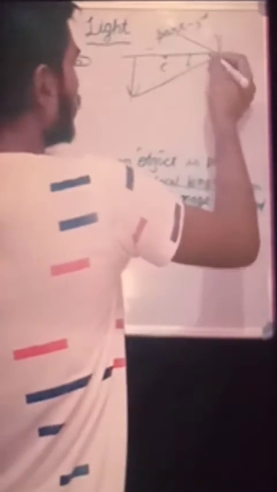Now beyond C, it is going to be passed from the focal pole, so angle I equals angle R is formed here. Now we have to pass it from the focus. Whenever it is passed from the focus, we know that it is going to be parallel.